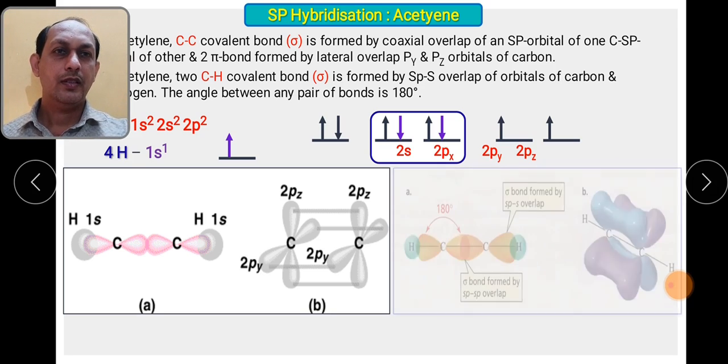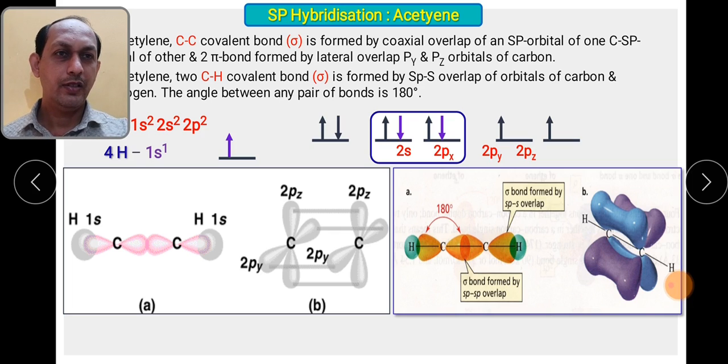So this is the structure. Here you can see CH triple bond CH. Here you can see the bond angle is 180 degrees. There is a sigma bond between the carbon and hydrogen, and a sigma bond between the carbons, while you can see these two pi bonds formed by lateral overlap.